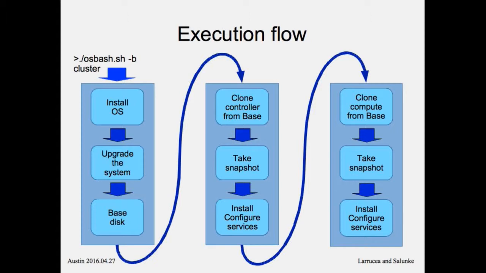Then we apply all the updates that are not related to OpenStack but to the operating system itself, and then we create a base disk. The base disk also has one step where it caches all the packages, so it doesn't install them, it downloads them and puts them into the respective cache of the package manager. It could be apt, so it could be under var cache, or wherever the respective package manager stores them.